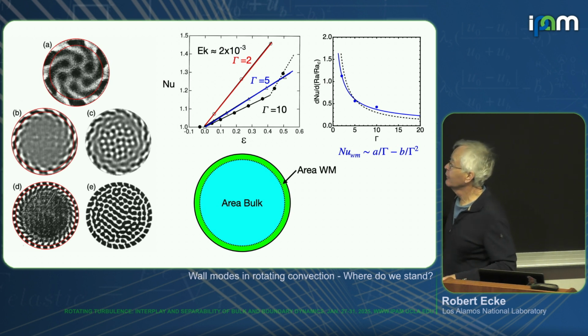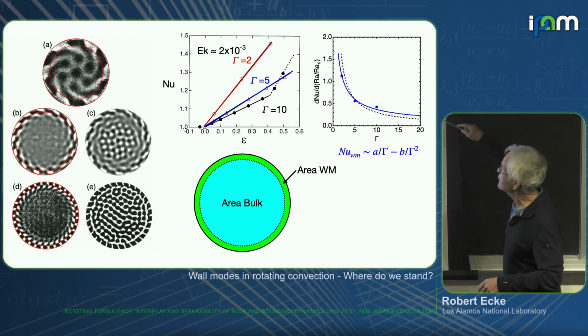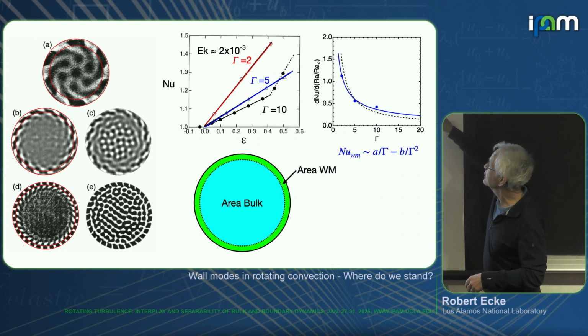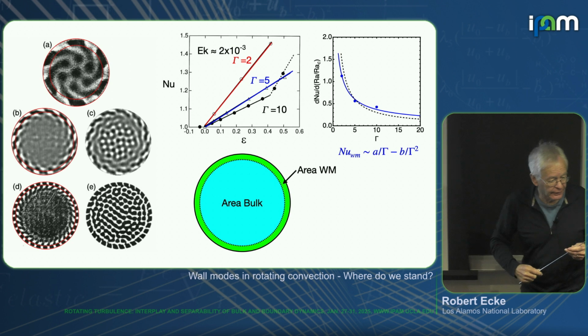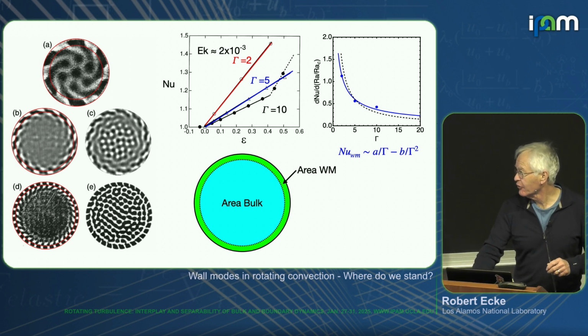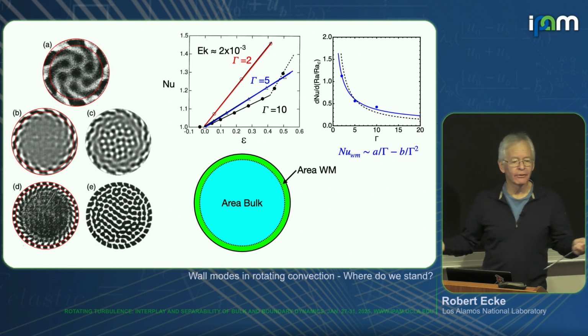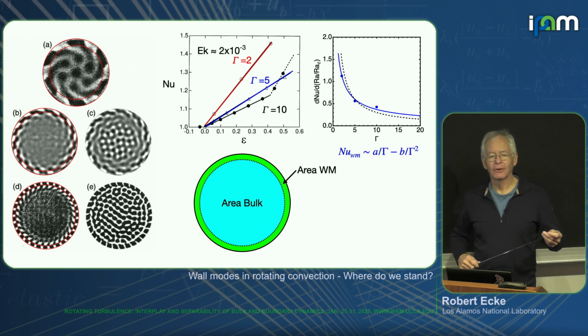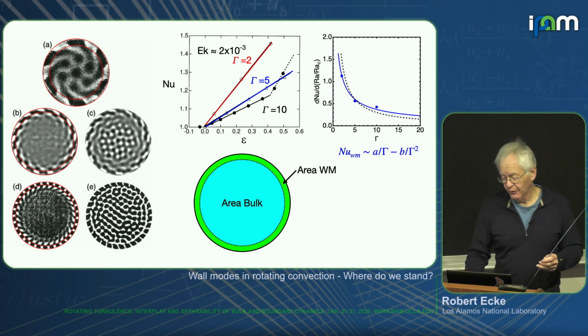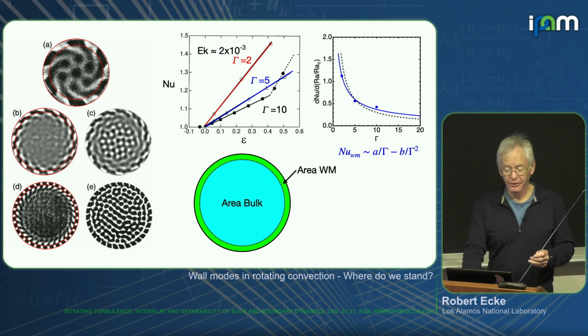And the dashed line is just 1 over gamma. It's not quite that way, but I think there are good reasons to expect deviations. But in general, it goes down. So the answer to what you need to do in rotating experiments is to just go to big enough aspect ratio, and then all these problems go away.